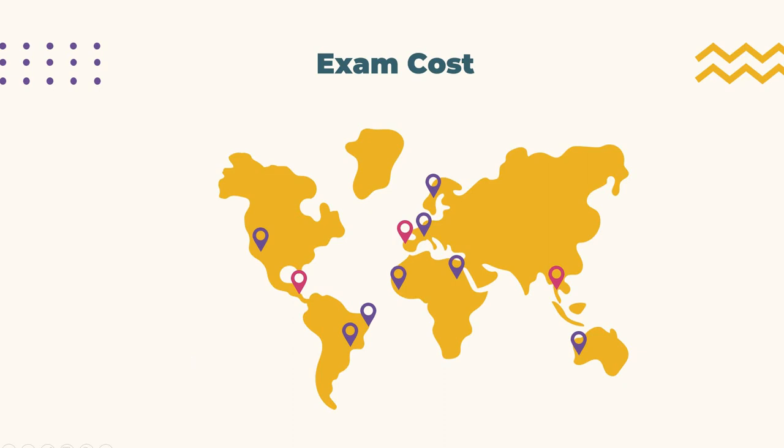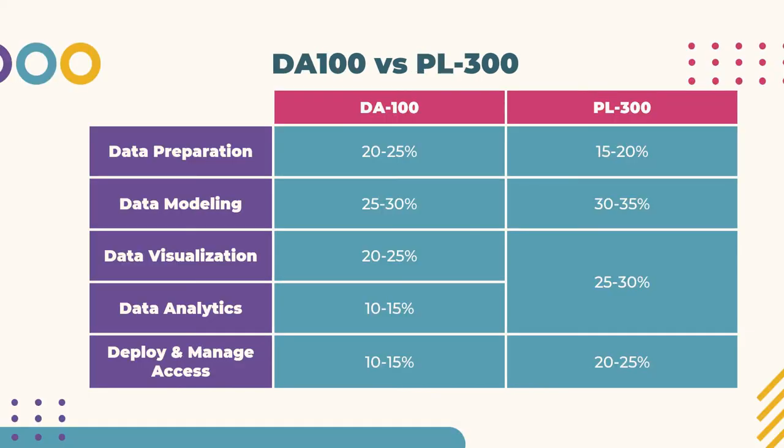Please note that the cost of the exam changes from one country to another, so you can find your corresponding cost at the Microsoft website itself, and there is also a discount if you are a student. So let's discuss the difference between DA-100 and PL-300. The old one is DA-100 and the new one is PL-300.